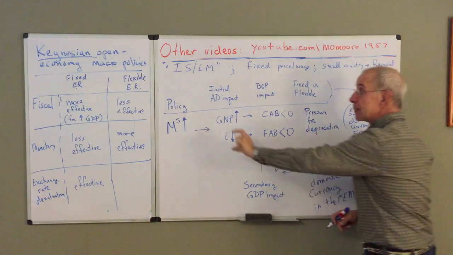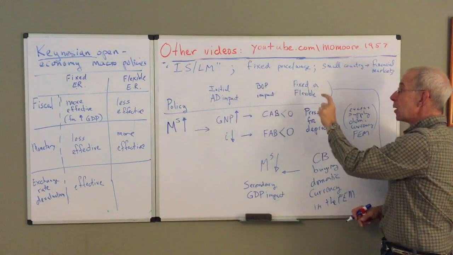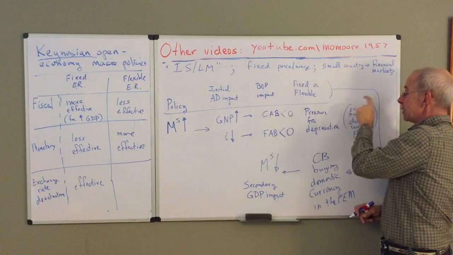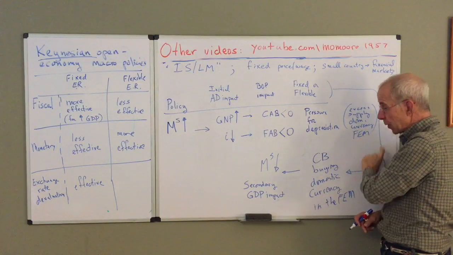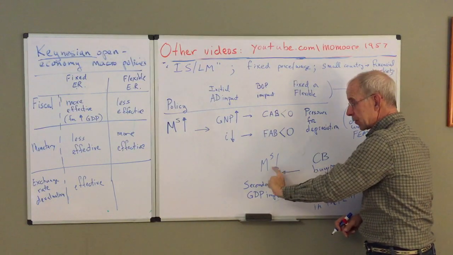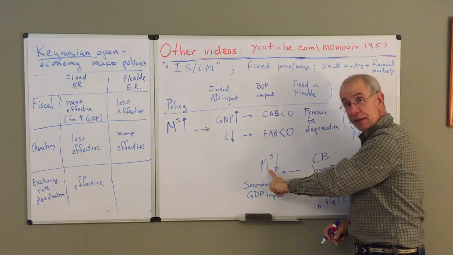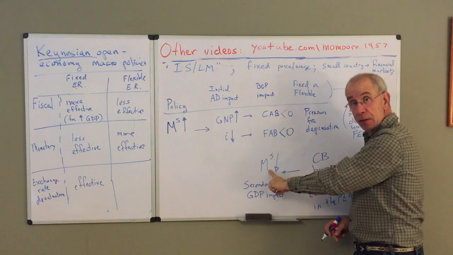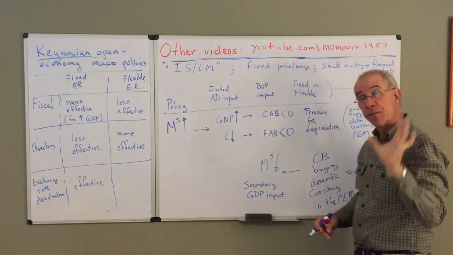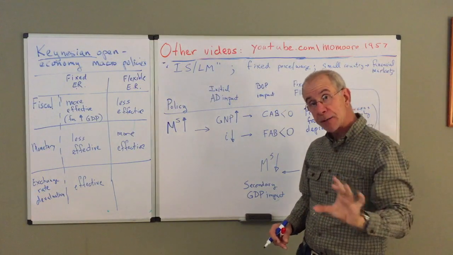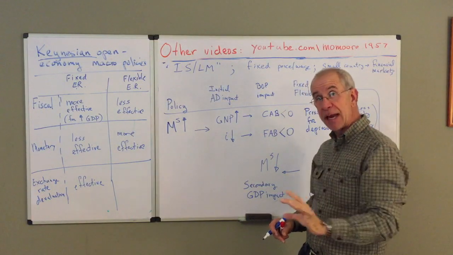But the bottom line is the increase in the money supply through the pegged exchange rate turns around and negates everything that was done to start the process. So fixed exchange rate, monetary policy, completely ineffective in a Keynesian open economy.